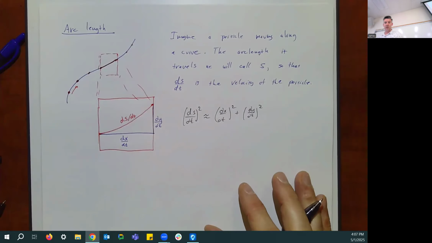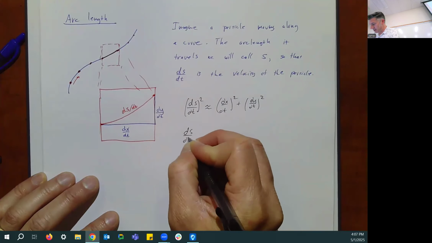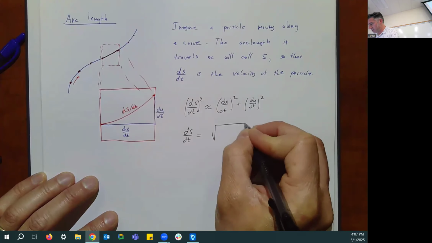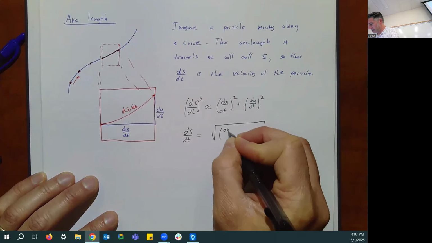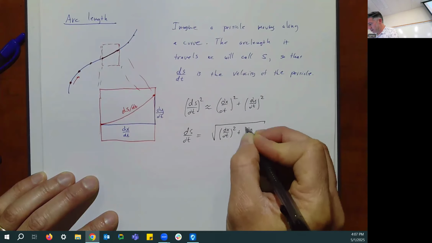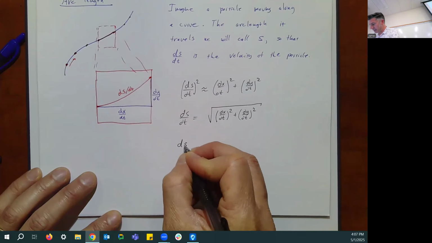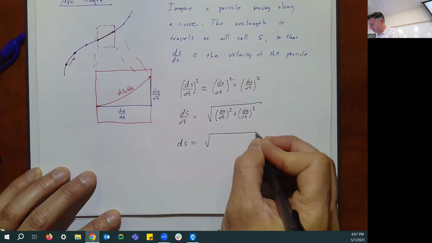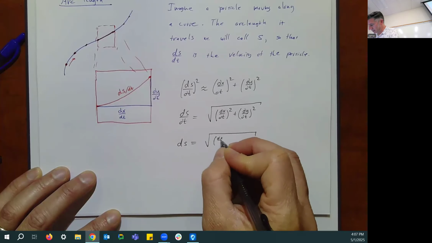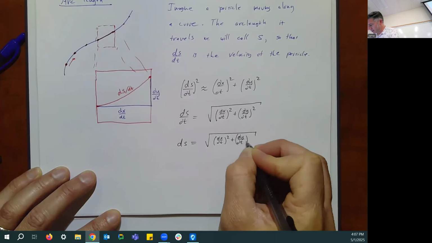So then what we're going to do is the following. We're going to say that ds/dt is equal to the square root of (dx/dt) squared plus (dy/dt) squared. And then we're going to say that just ds is the square root of (dx/dt) squared plus (dy/dt) squared, times dt.